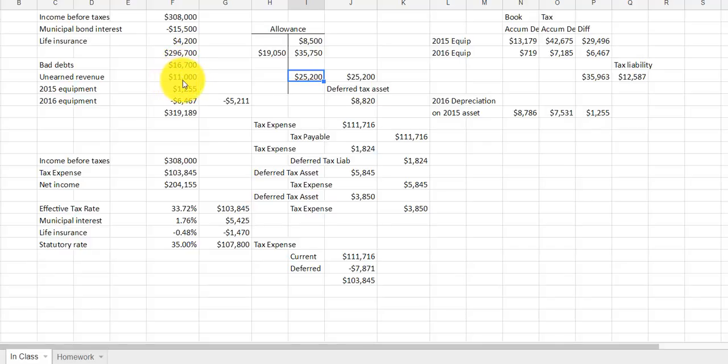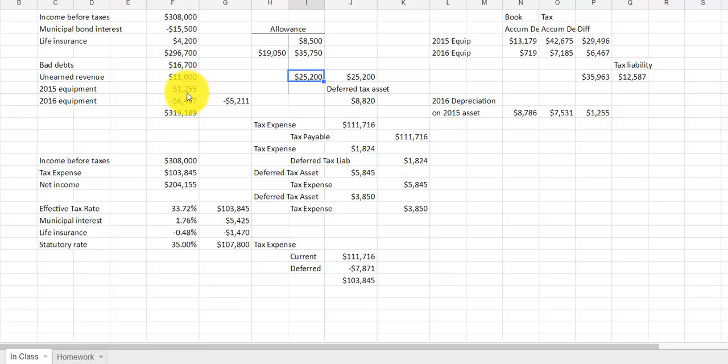So the whole $11,000, since this is a new temporary difference, it doesn't exist before, we don't have to look at past years or anything, it's just $11,000 difference. And that's going to be added to our taxable income because we can't deduct that. So that's a future deductible amount, just like bad debt. So both of these are going to result in deferred tax assets.